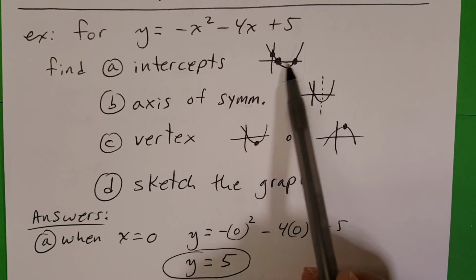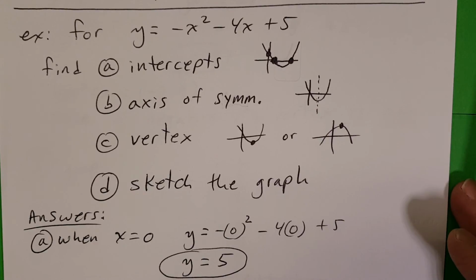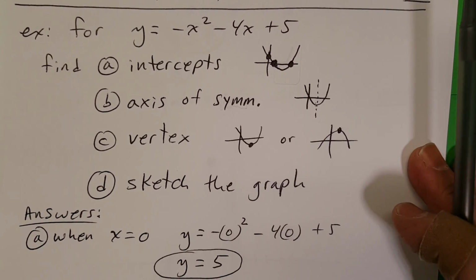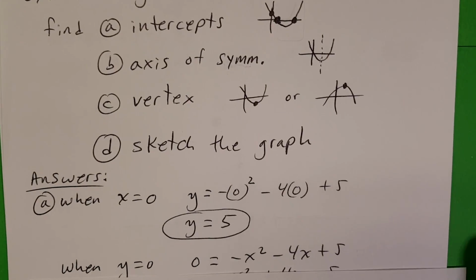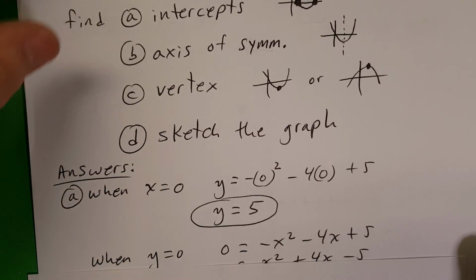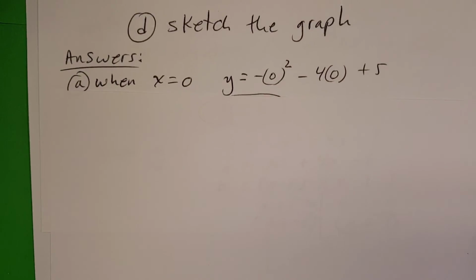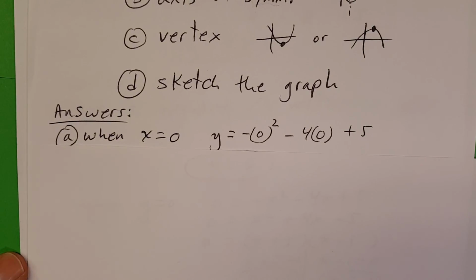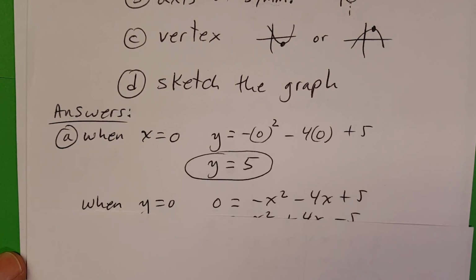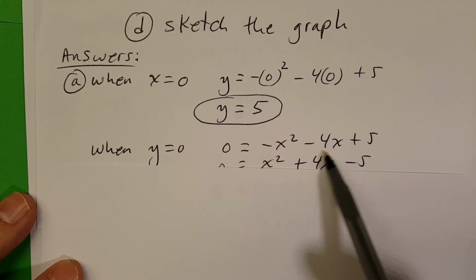Now, what about this axis? What are the two x's? Well, then we let y equals 0 and solve for x. There's y equals 0, and now we want to solve for x.